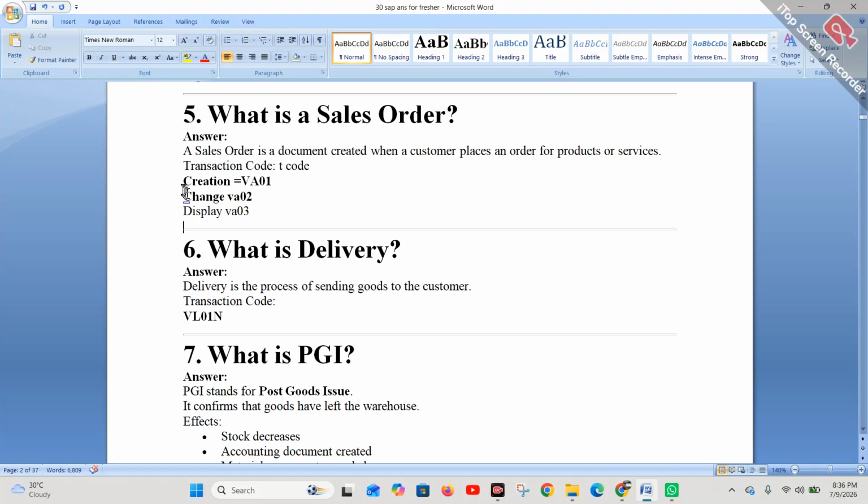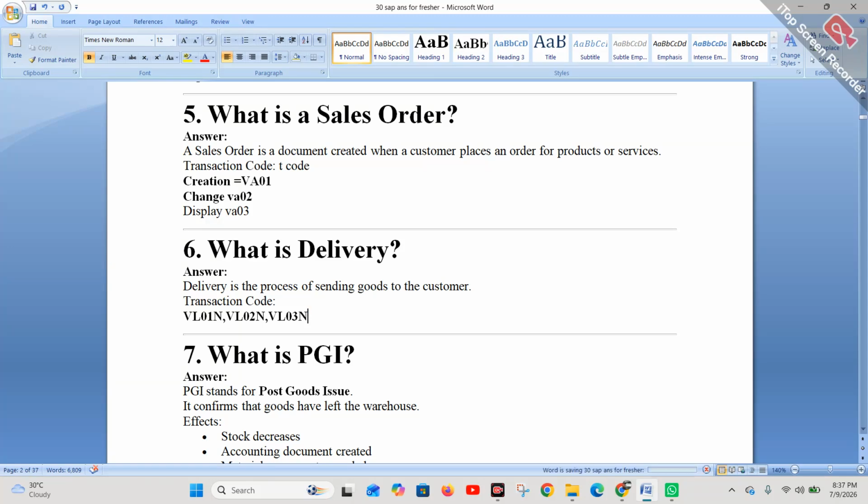Here also the same three transaction codes exist. For creation VL01N, for change VL02N, for display VL03N. Okay, I think you understood all the three T codes.